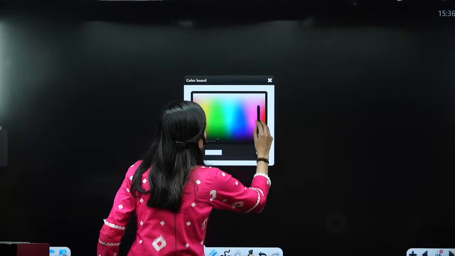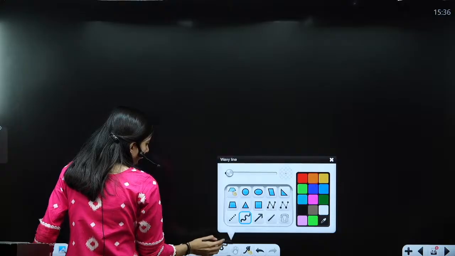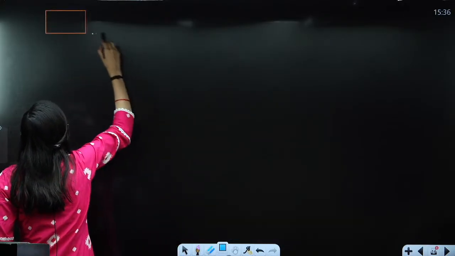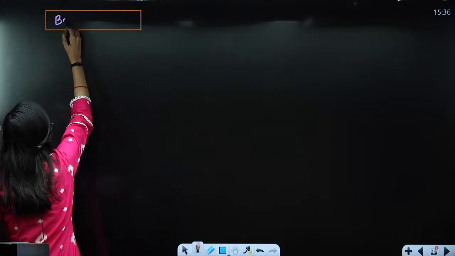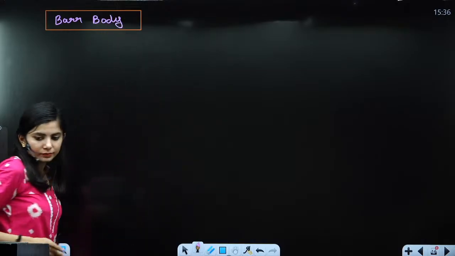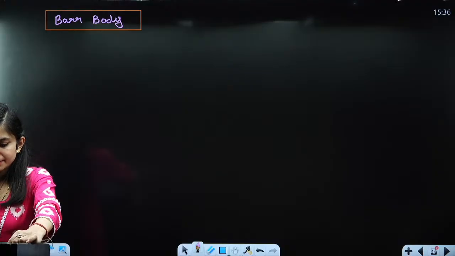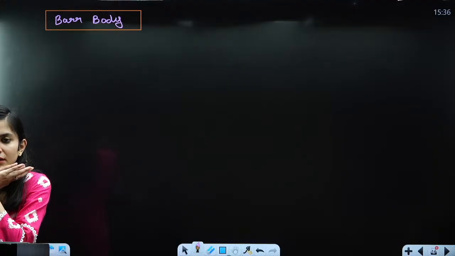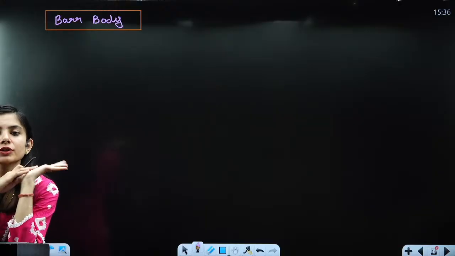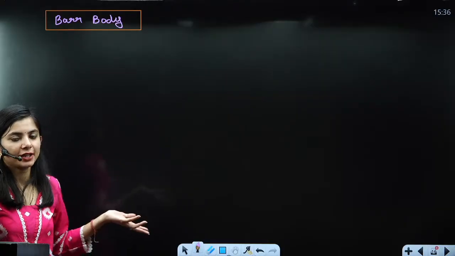Barr body. One thing you know very well is the chromosome and the structure of the chromosome that I have explained to you.